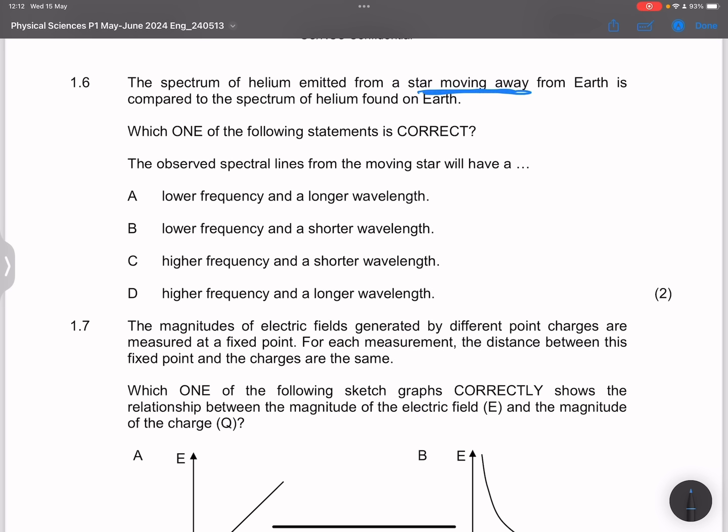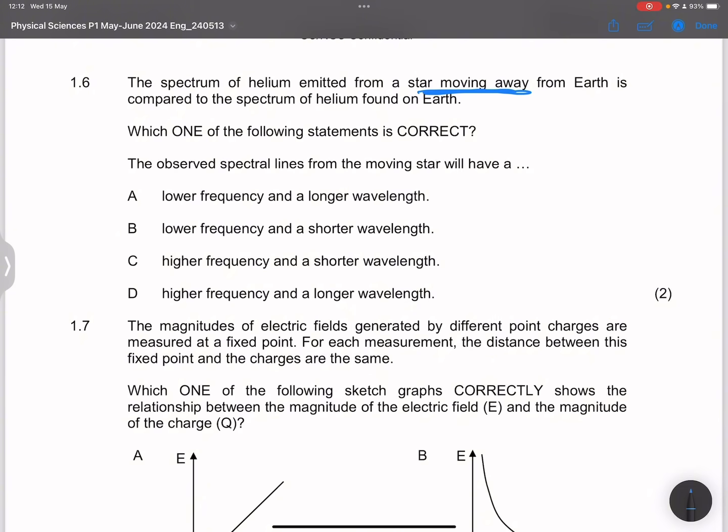So for objects that are moving away from the Earth, we are going to have a red shift. We shift towards the lower end of the frequency spectrum, and of course, it will be a longer wavelength.